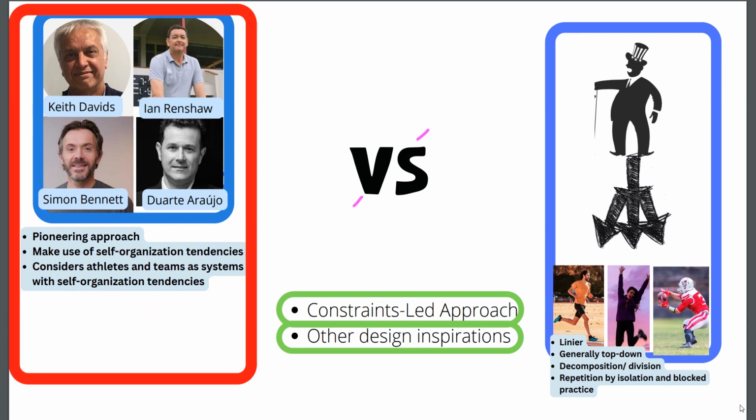The CLA, on the other hand, is based on the fundamental understanding that sports is a complex domain and hence doesn't believe in having an objectively best way of doing anything. Since sports is a complex dynamical system, the best thing to do at a point depends on the current unique contextual disposition.